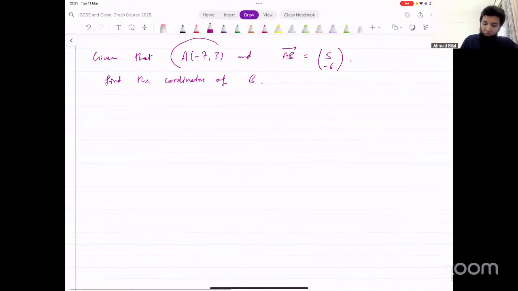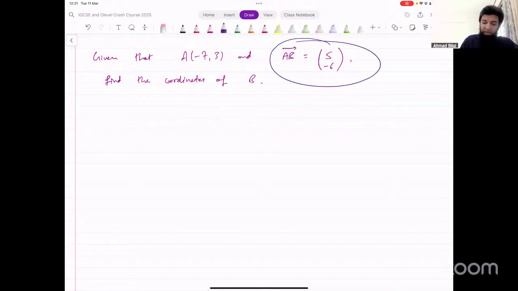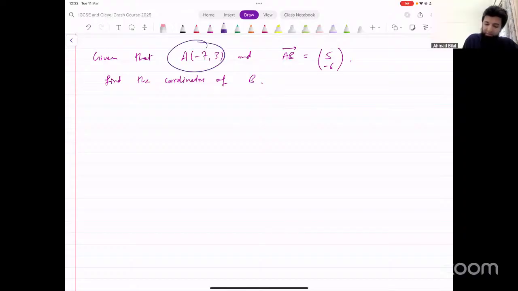So we have the coordinates of the point A given. We have this vector AB given. And we want to find the coordinates of B. How can you find them? One way to do this could be that you say, this is A. We can write this as OA, right? OA is going to be -7 and 3.